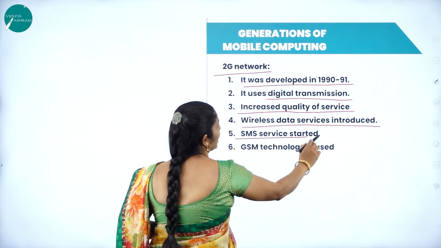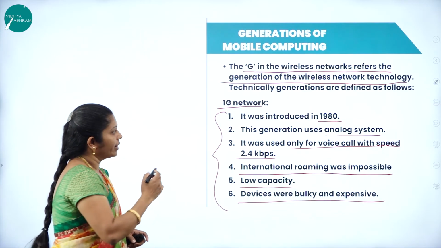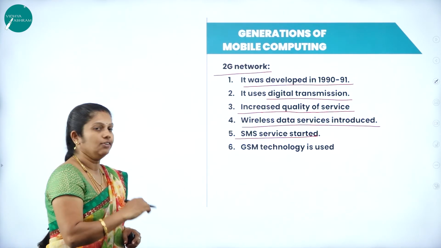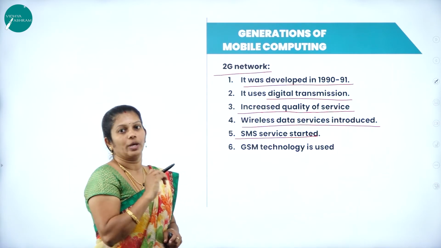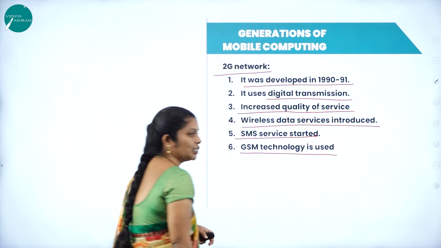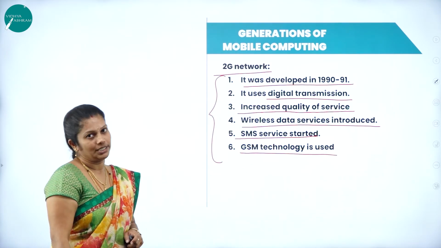SMS service started. Till then we could not send messages, whereas in 1G only voice calls could be performed. But in 2G we can send messages also, SMS. GSM technology is used here. These are a few features of the 2G network.